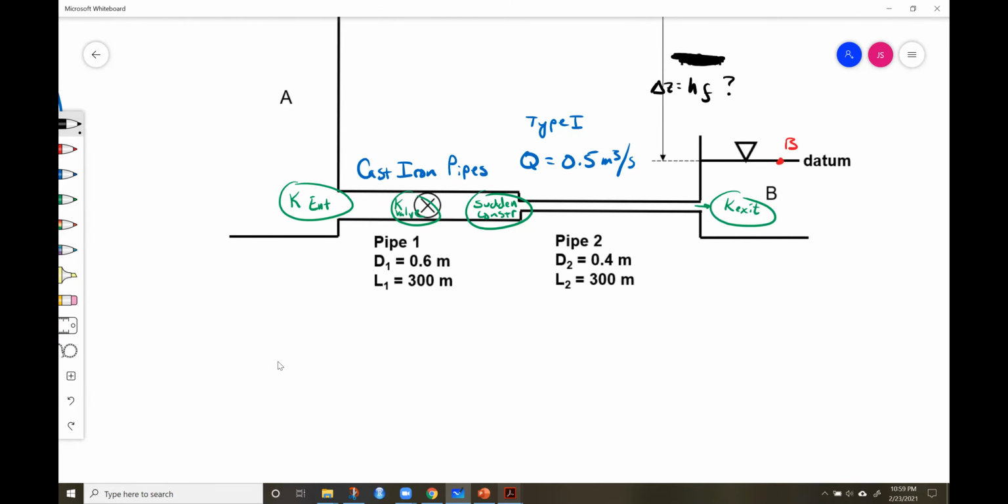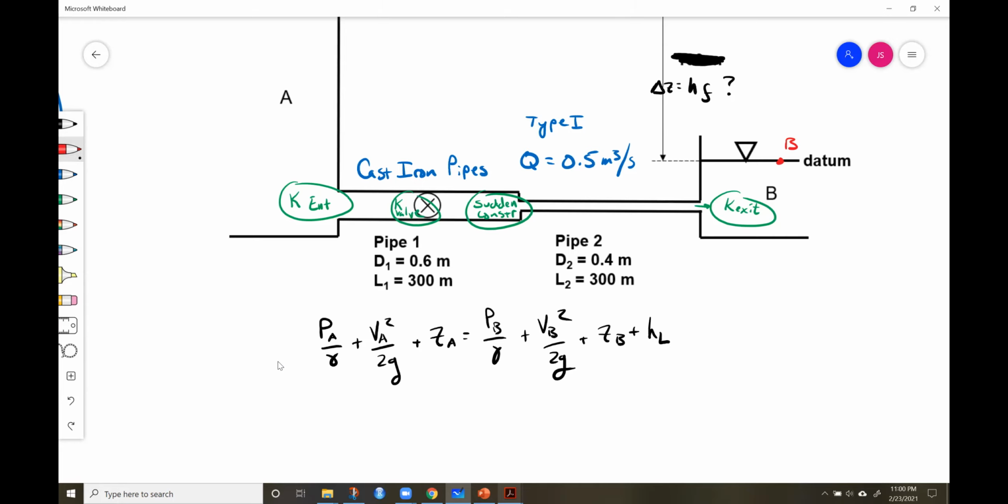Let's write our energy equation. We're just going to evaluate it at the top of the water. So that'll be, we'll say PA over gamma plus VA squared over 2G plus ZA is equal to PB over gamma plus VB squared over 2G plus ZB plus head loss.